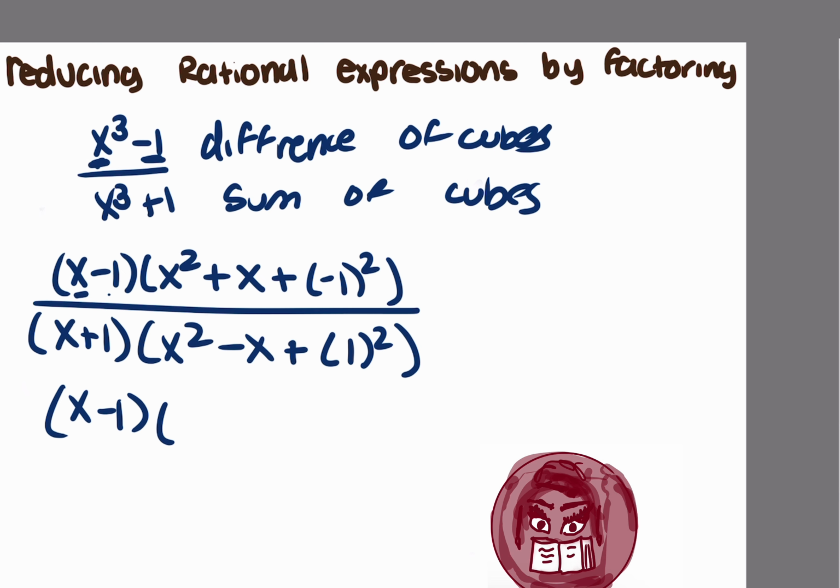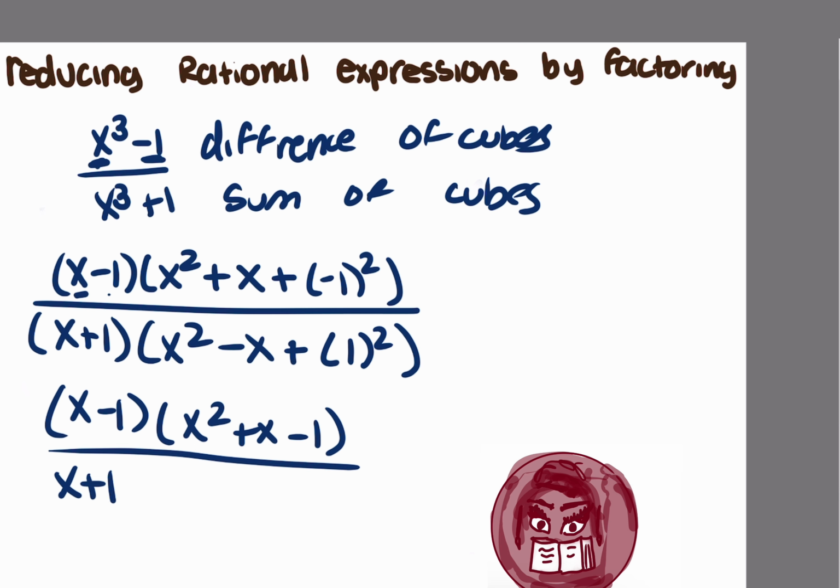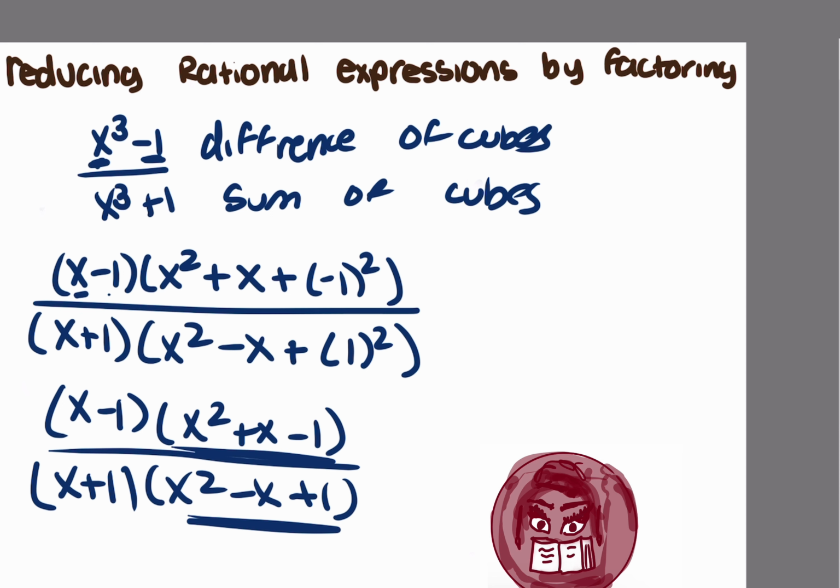So now we simplify that further, and we know that this is x squared plus x minus 1, and this is x plus 1, x squared minus x plus 1. So this cannot be simplified further.